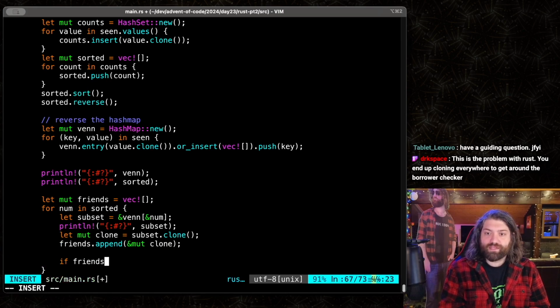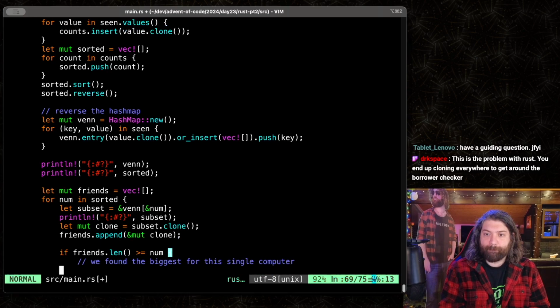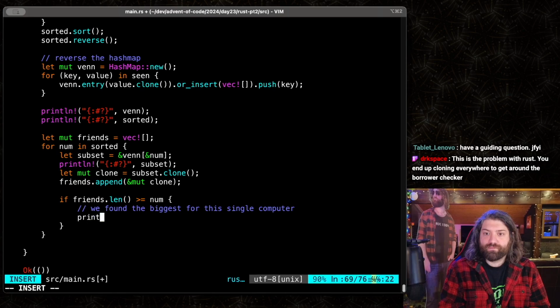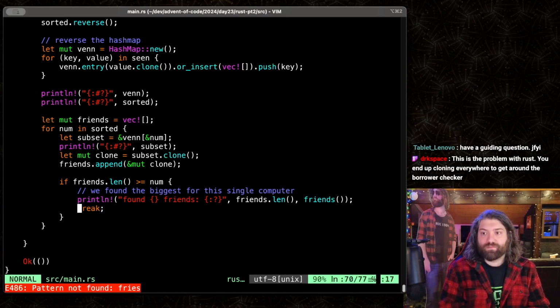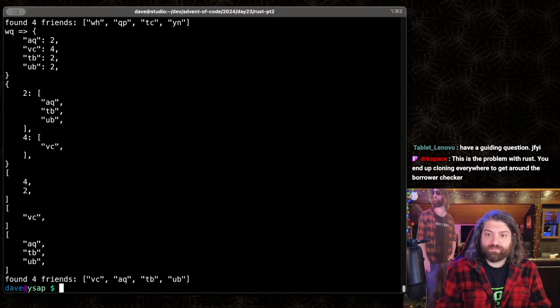If friends.len is greater than or equal to the number that we have, then we found the biggest for this single computer. Oh, yeah, why did I call it like an expression? Okay.